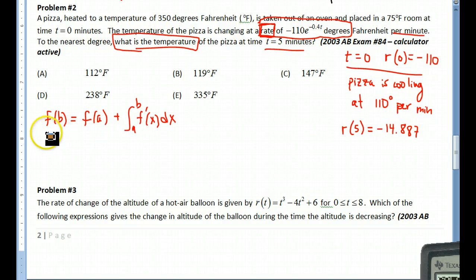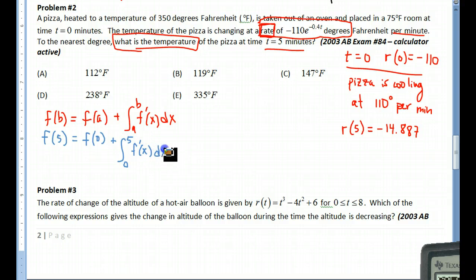And then F of A, that's going to be the starting point, 0. And then what's this notation going to look like? Like the change in temperature, from where to where? From the start, 0 up to 5, of f prime.